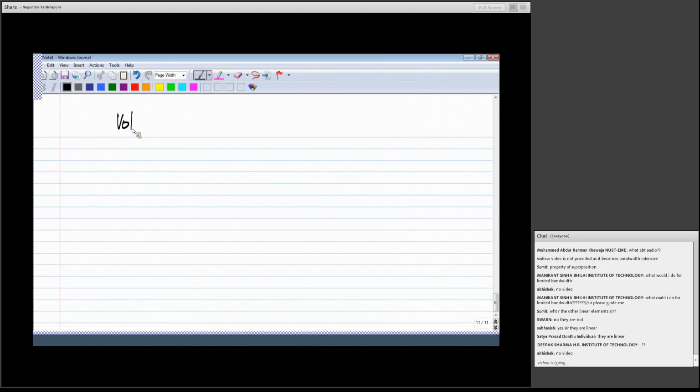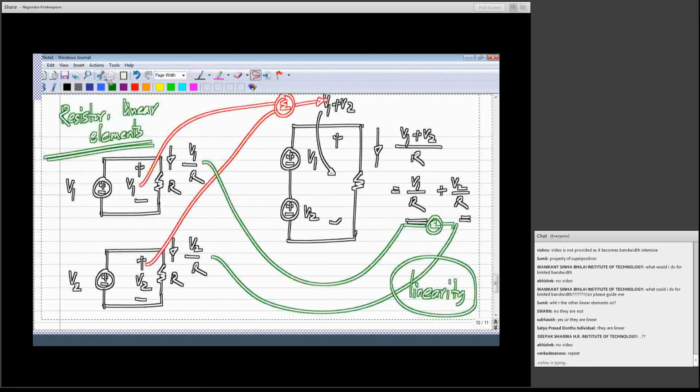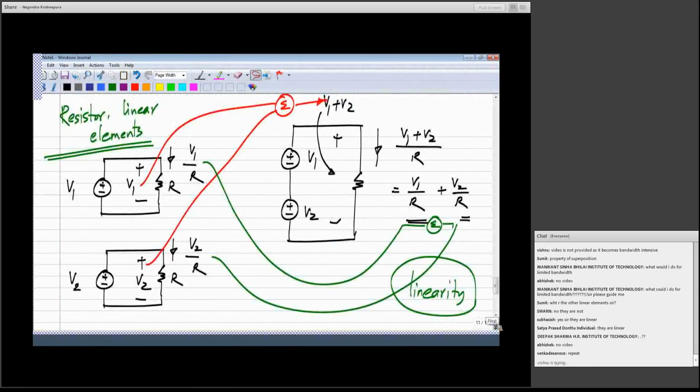Now let's consider a voltage source, or perhaps let me take a current source because that will be analogous to this example. Now let me copy over this whole thing. Instead of resistors, let me have current sources.